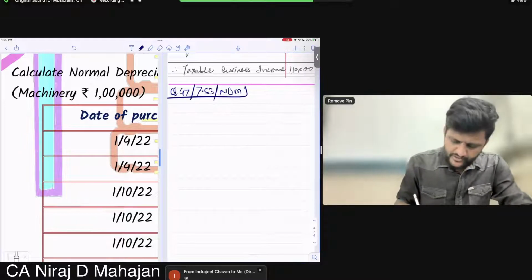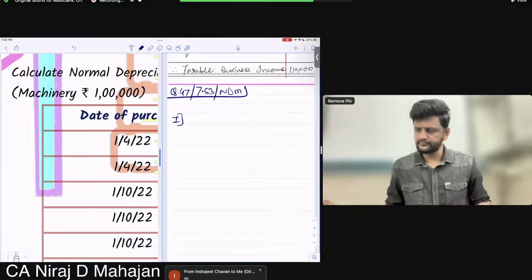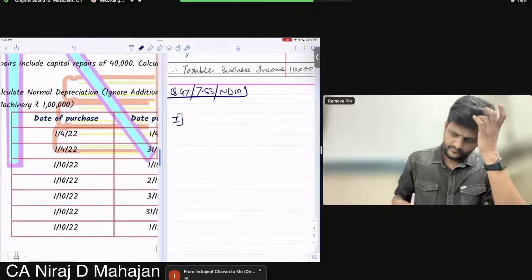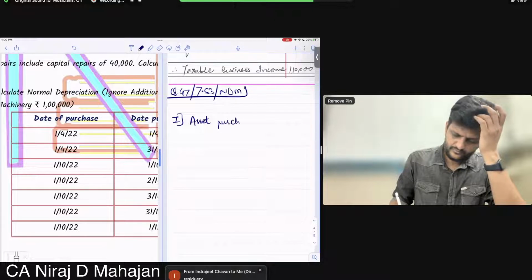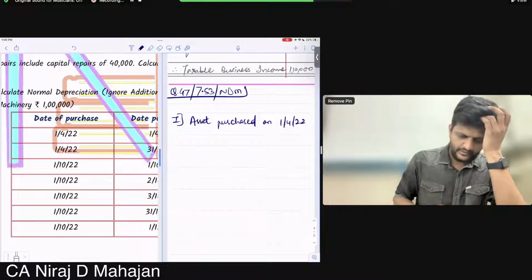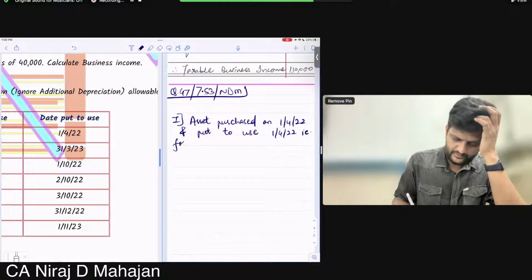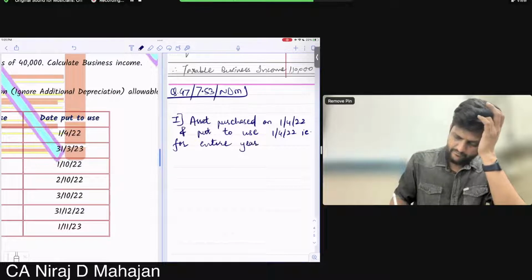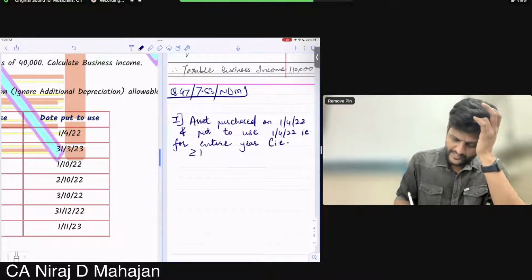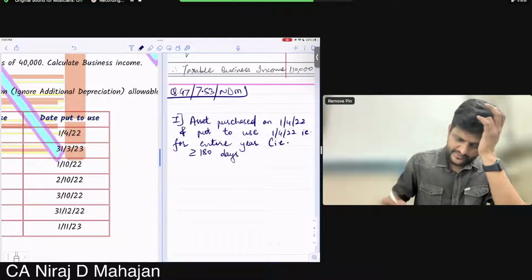Ready? Chalo, first case number 1. Please pay attention now. Asset purchased on 1/4/22 and put to use also 1/4/22. That is for the entire year, but at least 180 days.